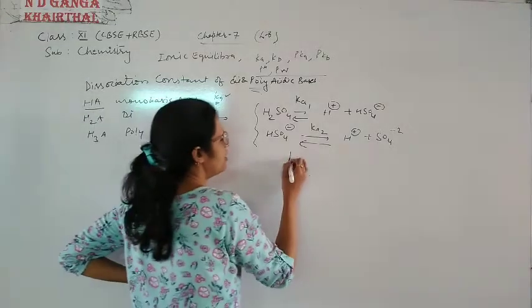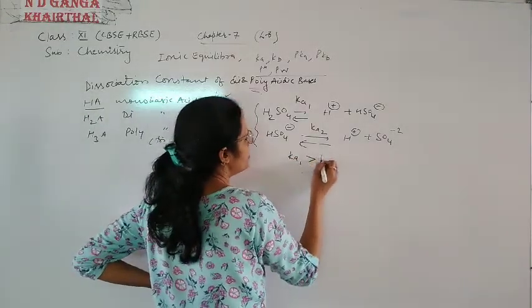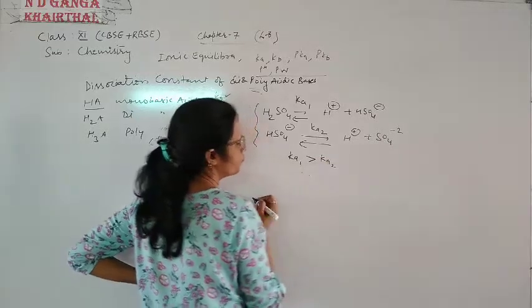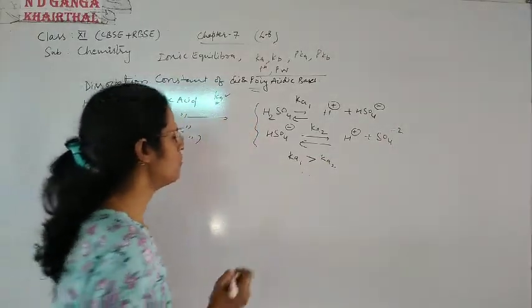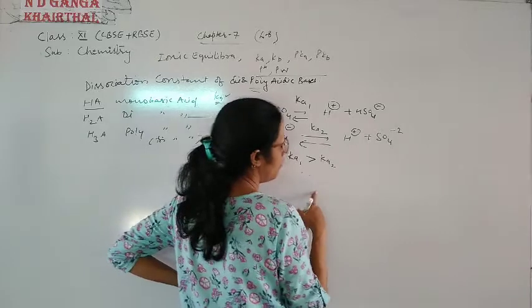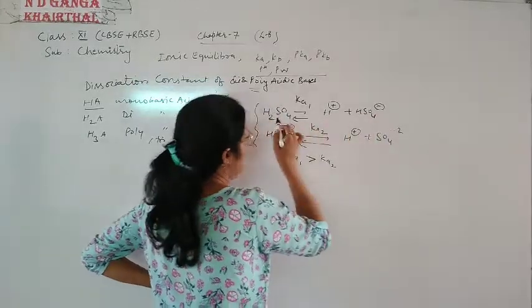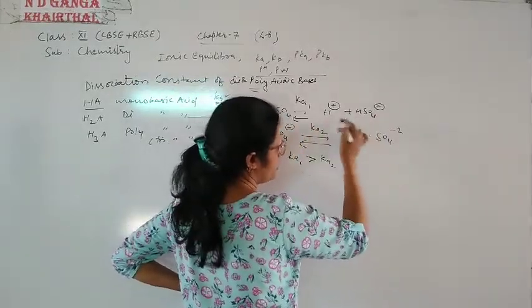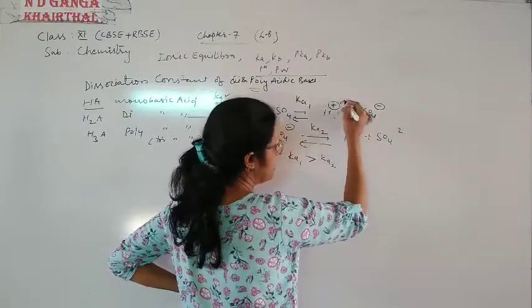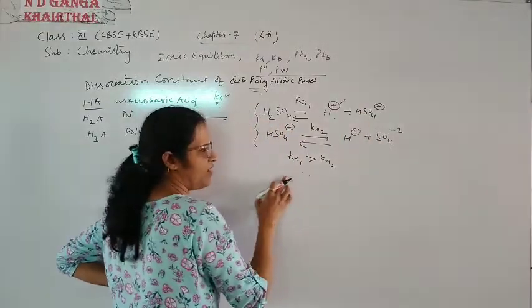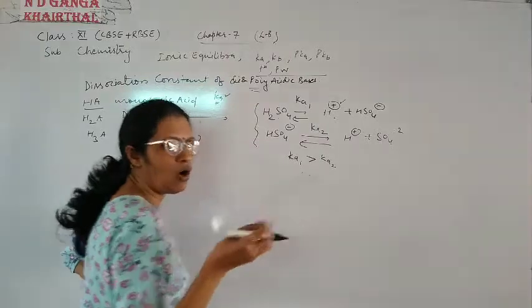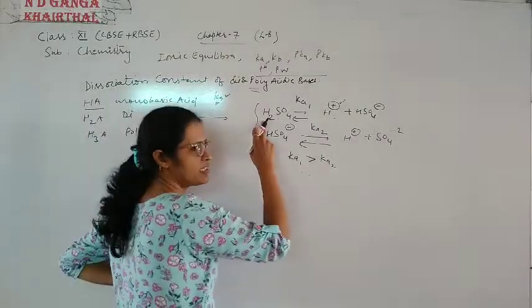In this type of case, when we discuss di or polyacidic bases, Ka1 will always be greater than Ka2. Why is it so? Because here the acid dissociates and easily gives H-ions, and if an acid gives H-ion quickly or easily, it will be a strong acid.